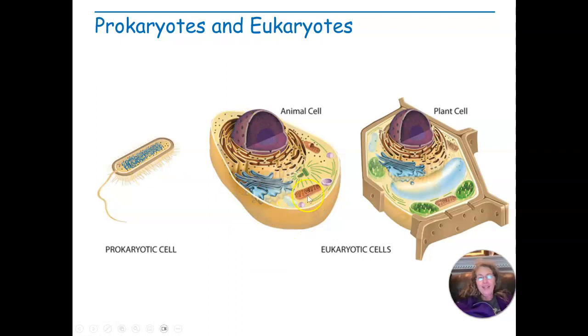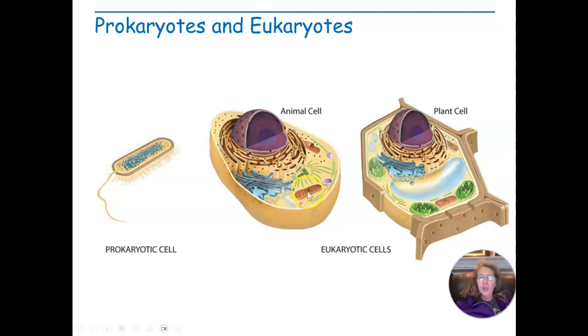Then we have the animal cell, and the animal cell has the plasma membrane, and we have the plant cell that has that cell membrane or plasma membrane, but it also has the cell wall, and one of the major components of the cell wall is cellulose. Both the plant and animal cells have mitochondria, but the plant cells are the only ones that have the chloroplast, and the chloroplast is where photosynthesis occurs.